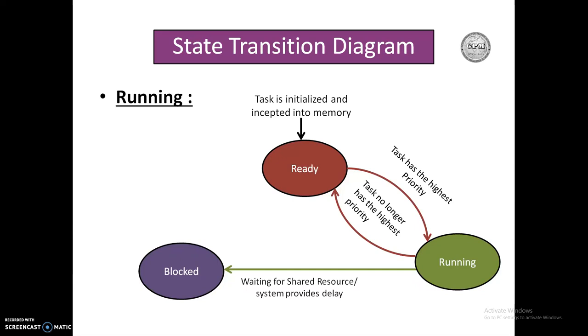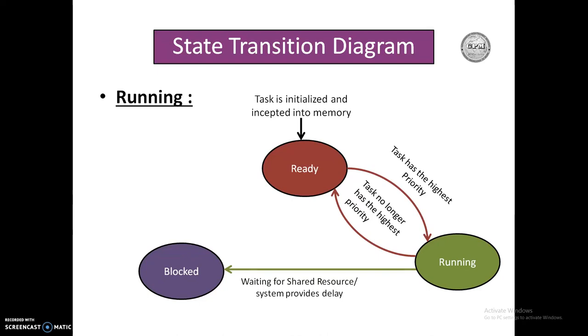If the running task needs some resource, but that resource is being used by some other task and it is a shared one, then the running task needs to wait for that resource. So whenever there is a waiting period, the running task will get moved to the block state.